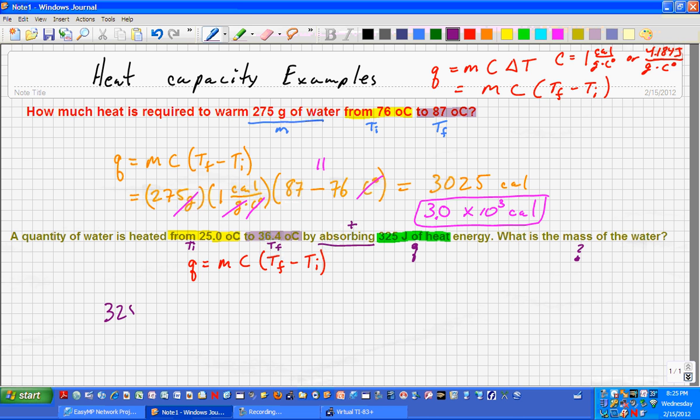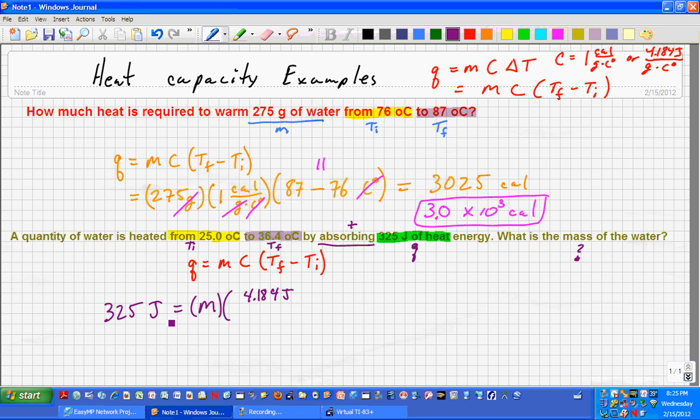So I've got 325 joules. It's going to be equal to the mass, which we don't know, so we'll leave that as M, times, now in this case, I've got to choose the 4.184 joules per gram degree Celsius because my units need to agree. I need joules here to match up with the joules over here.